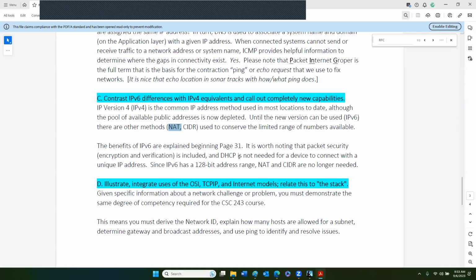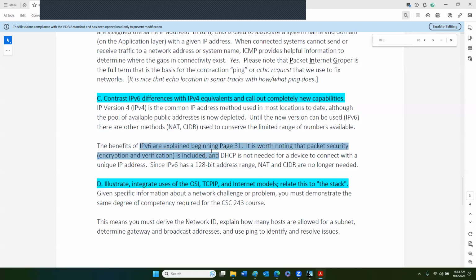That's called port address translation. It is an address translation method, but technically the third flavor of NAT is called PAT, port address translation. Okay.